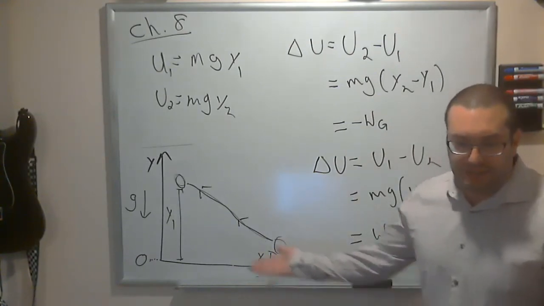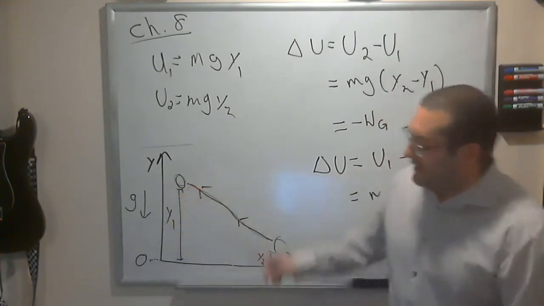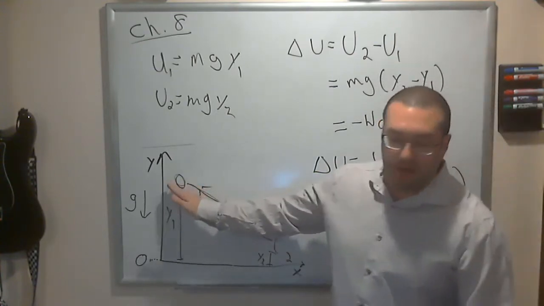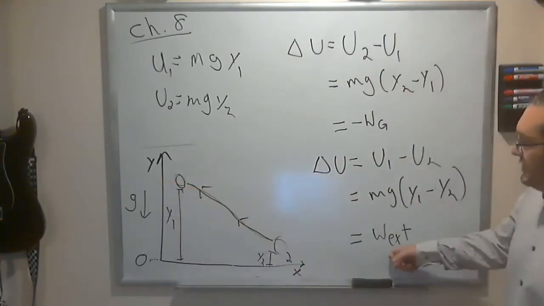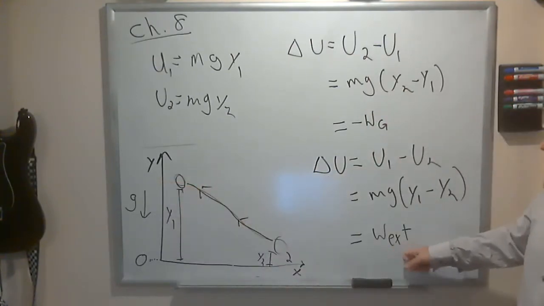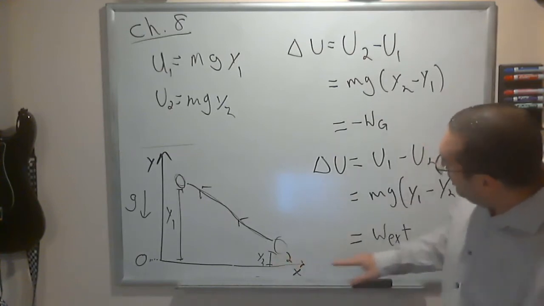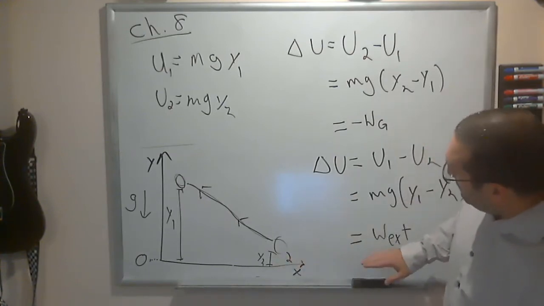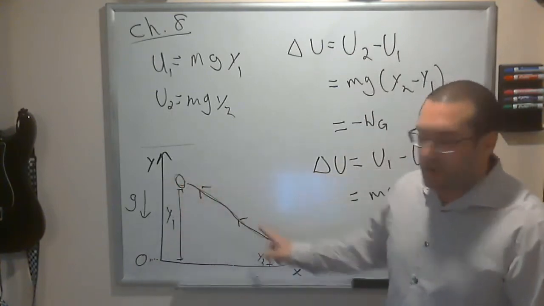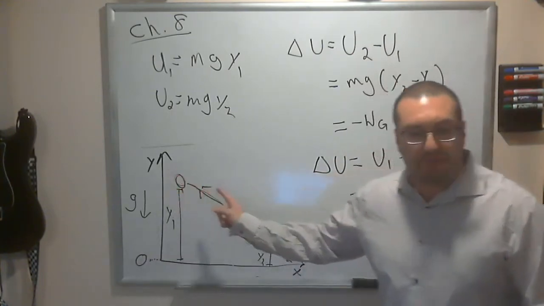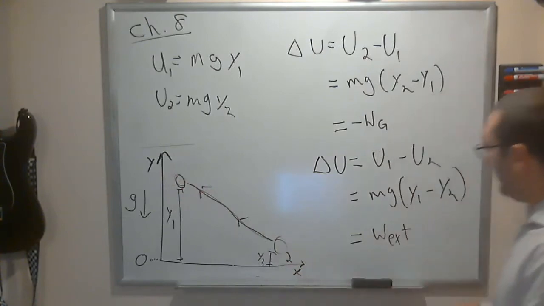I have to lift this object up. Or if this is a hiker carrying a backpack up a hill, this is the work exerted on the object. So I'm putting work into this configuration with a gravitational field, right?